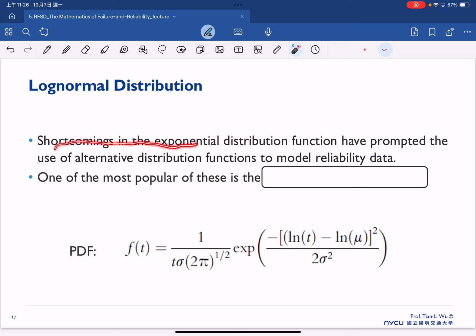The shortcomings in the exponential distribution function mean it has a certain limitation. Therefore, we have to propose some alternative distribution function to model reliability data. And one of the most popular distribution functions that can be used for reliability modeling is the log-normal distribution.